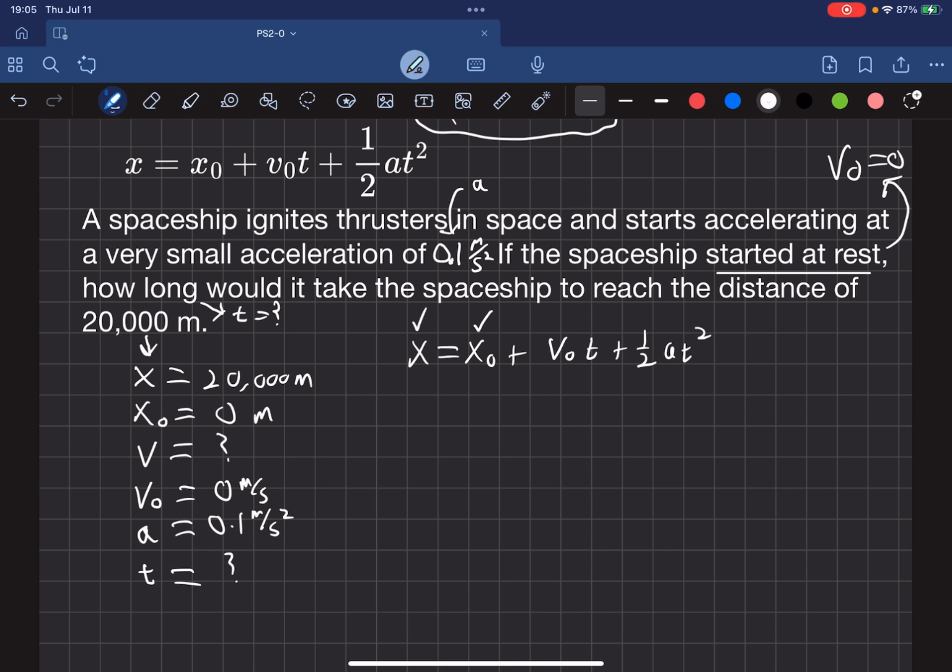Correct. Initial velocity? Yes. Time? No, we don't. Plus 1/2 acceleration. Do we have acceleration? Yes. Do we have time again? No. Now it might look like we have two unknowns, but we actually just have one unknown that shows up in two different terms. So this is solvable.